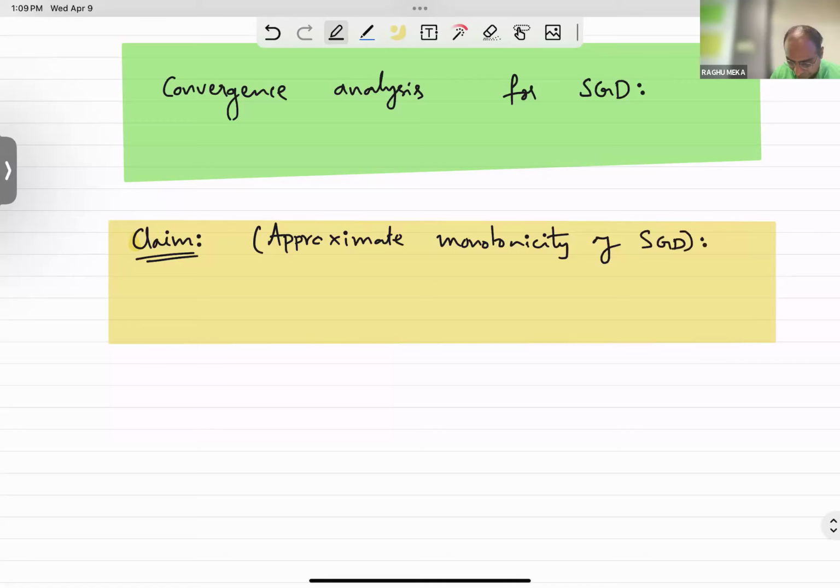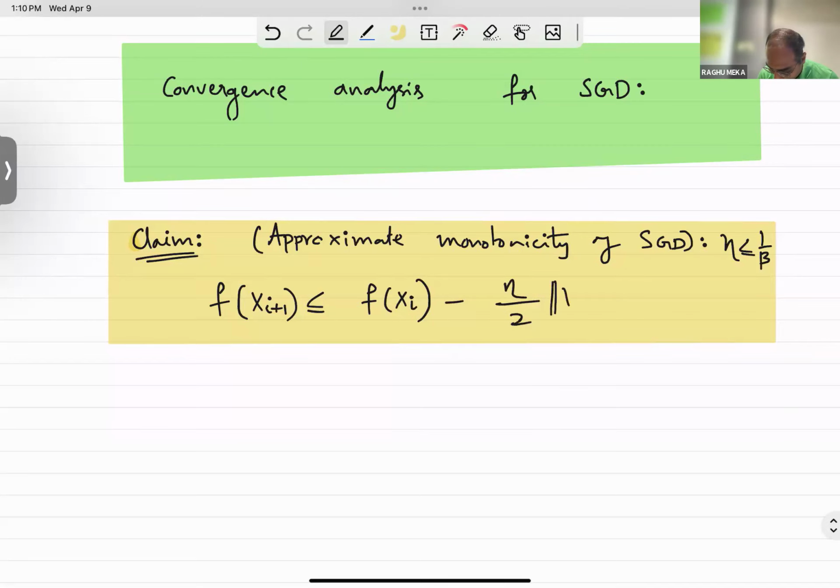For gradient descent, we said that as long as my step size was small enough, my next iterate is not going to be worse than where I started. In fact, we said something like this. This was the monotonicity property that we showed for any function f that was beta smooth. As long as the step size was small, gradient descent will only improve the value.